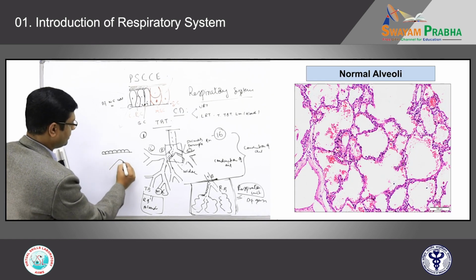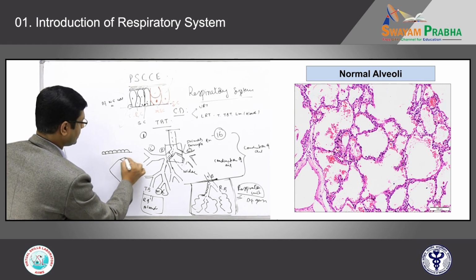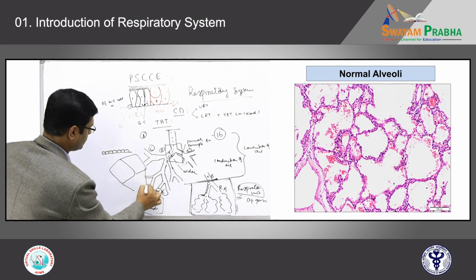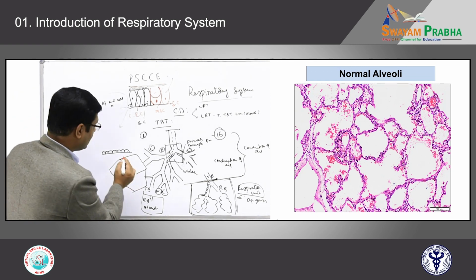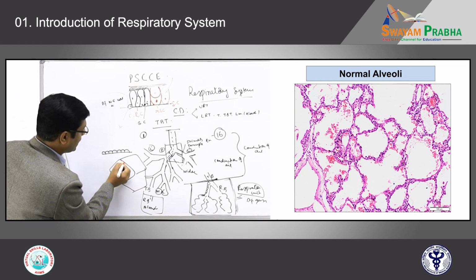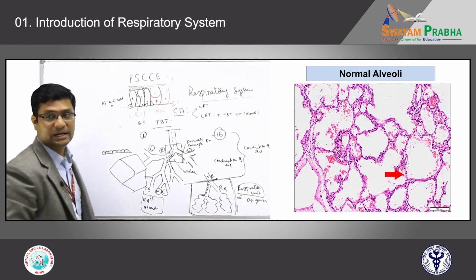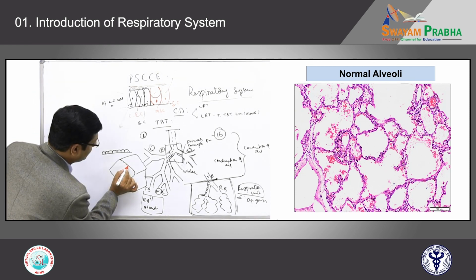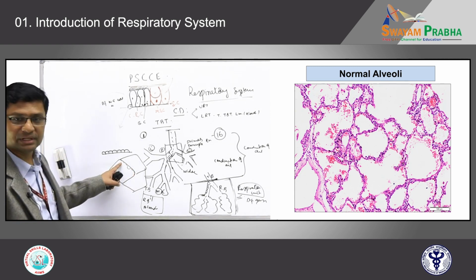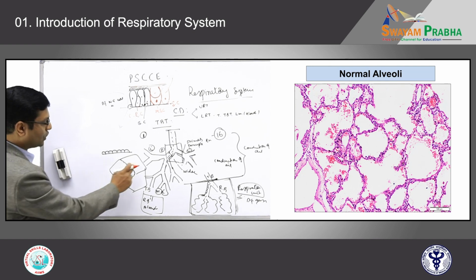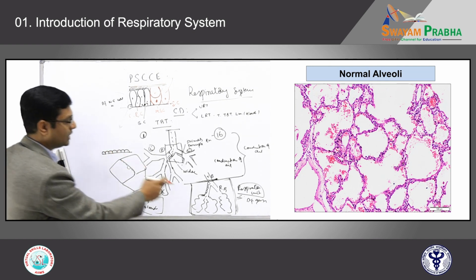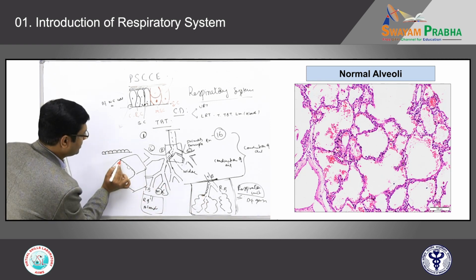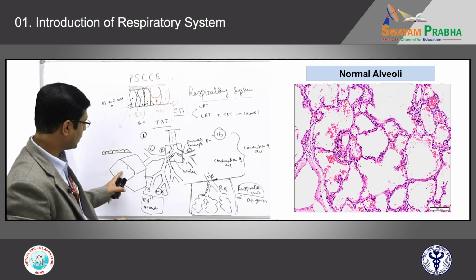If you see, this is one alveolus, this is one alveolus, right. All these alveoli are actually lined by flattened epithelial cells, and occasionally we have one popped up cell. Alveoli transform from simple cuboidal epithelium to flattened epithelium, which actually lines the alveolar wall.